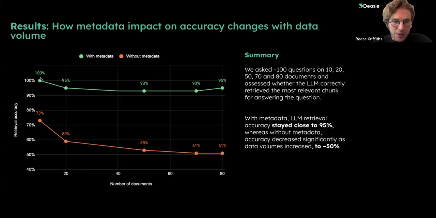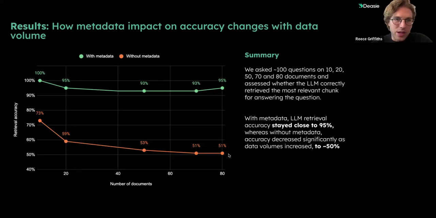One is, as you'd expect, the impact of metadata is that the accuracy is significantly higher, closer to 95%, even when the document set scales. So metadata allows the accuracy to be maintained at higher levels of data. Secondly, the impact of metadata is more pronounced at higher data volumes.